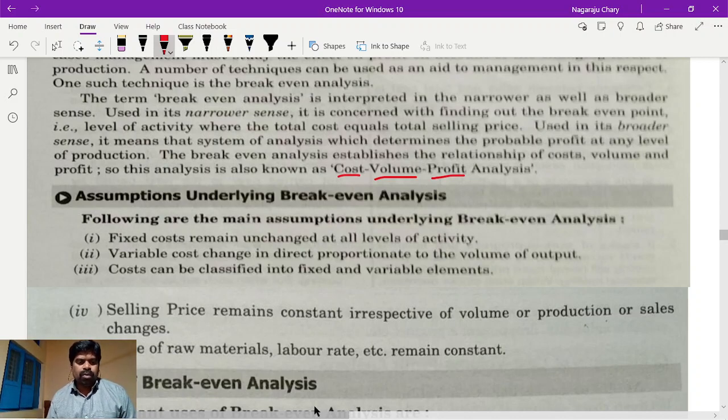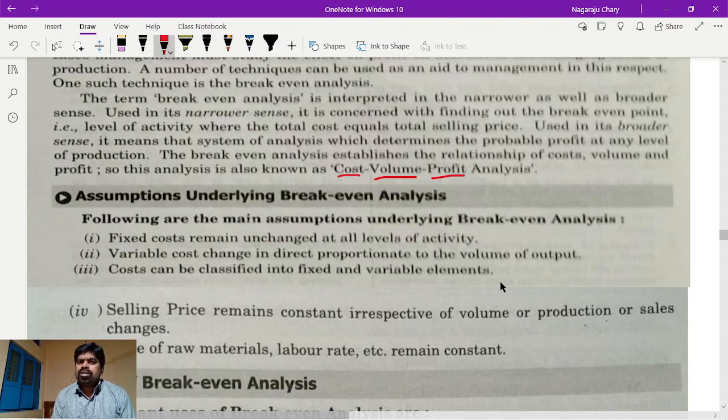And one more: variable cost changes in direct proportion to the volume of output. Whatever the volume of output, this is directly relevant to the variable cost. If the volume of production increases, variable cost also increases. If the volume of output decreases, variable cost also decreases.